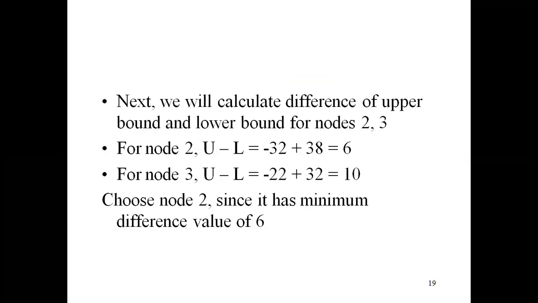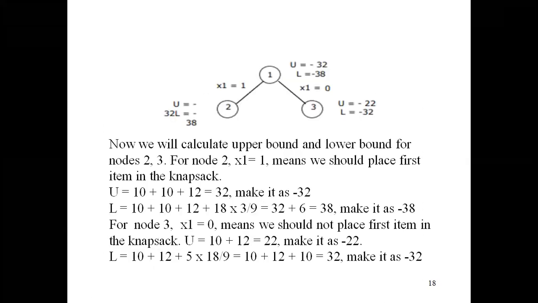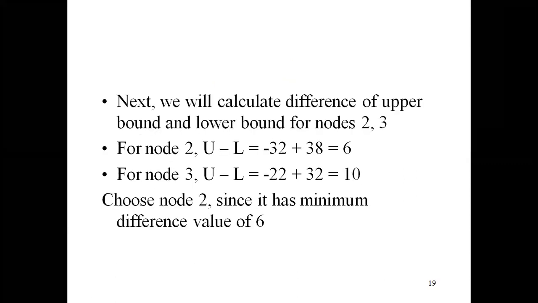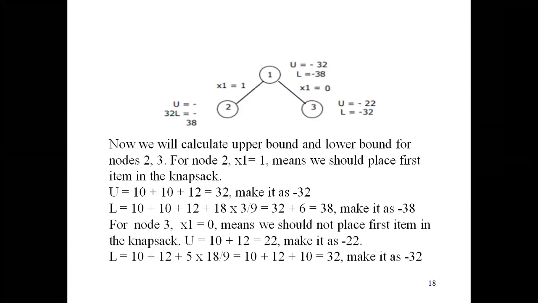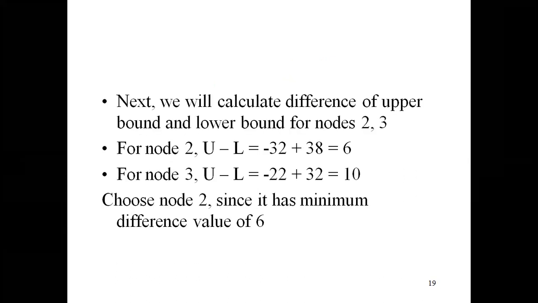Now we will calculate the difference of upper bound and lower bound for nodes 2 and 3. For node 2, that is minus 32 and minus 38, the difference is 6. Now at node 3, the values are minus 32 and minus 22. Take the difference of these values, that is 10.